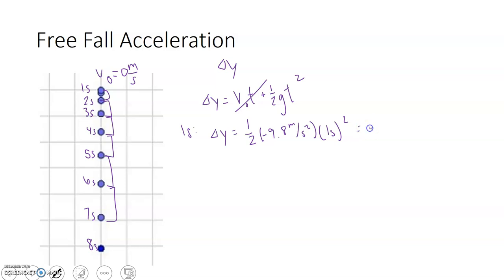And this comes out to be negative 4.9 meters. So every object, the second after it's dropped in free fall, falls 4.9 meters. Notice that this is a negative 4.9 because we're falling down. We can do the same thing for 2 seconds and 3 seconds. We'll do one more.